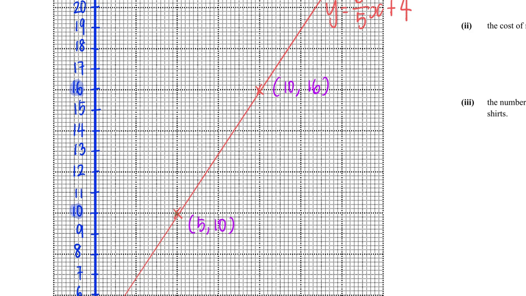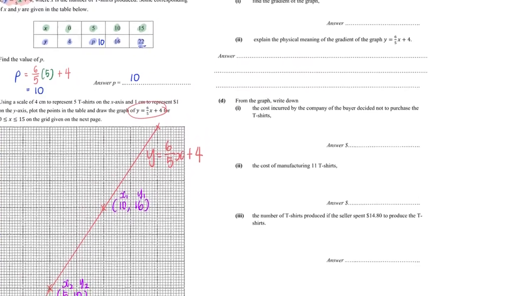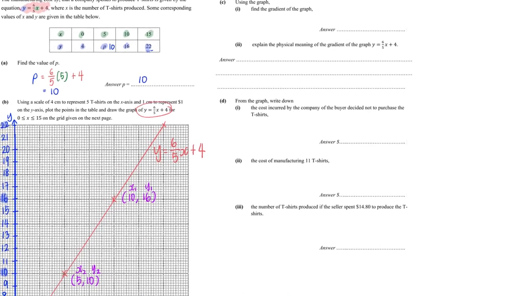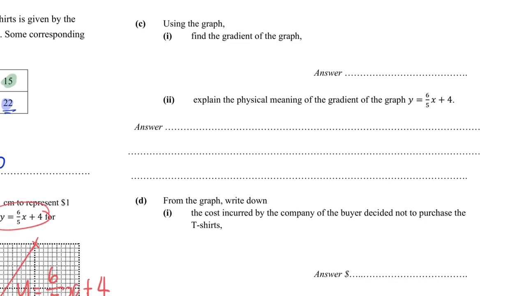So from here, I will have my X1, Y1, X2, Y2, so that the formula for the gradient, given these 2 points, I will be able to get my gradient out.